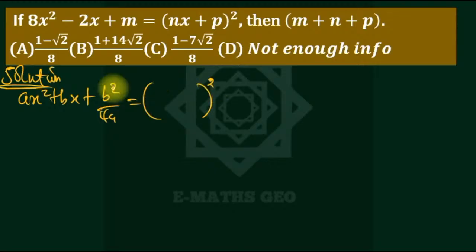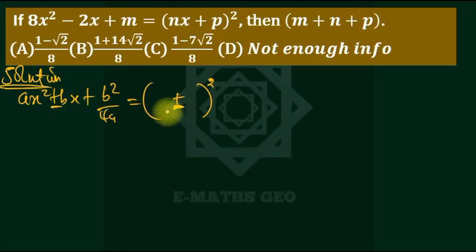So whenever you add b squared over 4a to a quadratic function, that's ax squared plus bx, it will turn to a perfect square. So maybe plus or minus. And the perfect square that we'll get, if there is plus here, we'll have plus. If there is minus, we have minus.